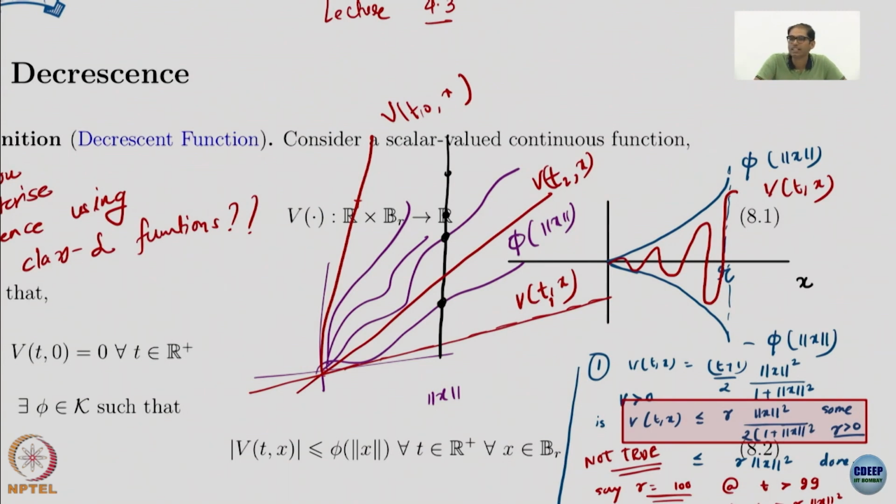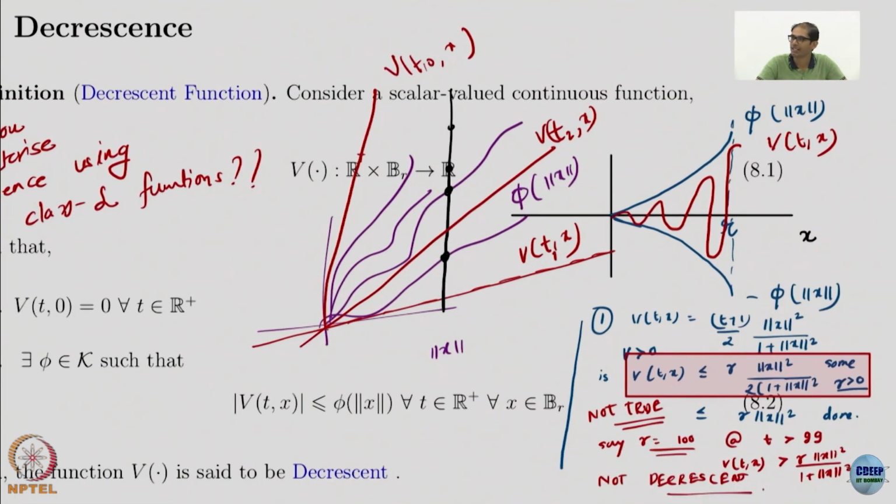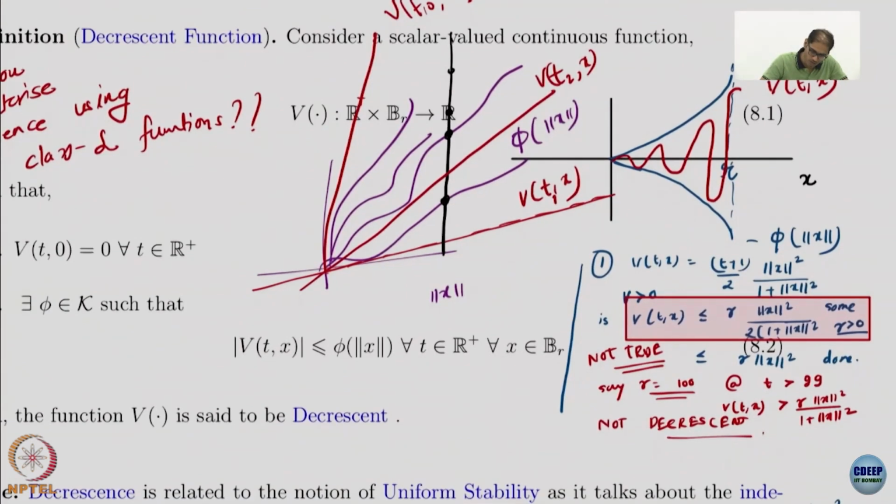There is no way any class k function will stand. Why? Because the class k function by the nature of the definition is only a function of x. Once x is frozen, the class k function evaluates to a constant. However large this constant, I have time still to play with on the left hand side, and in this case it is an increasing function of time.